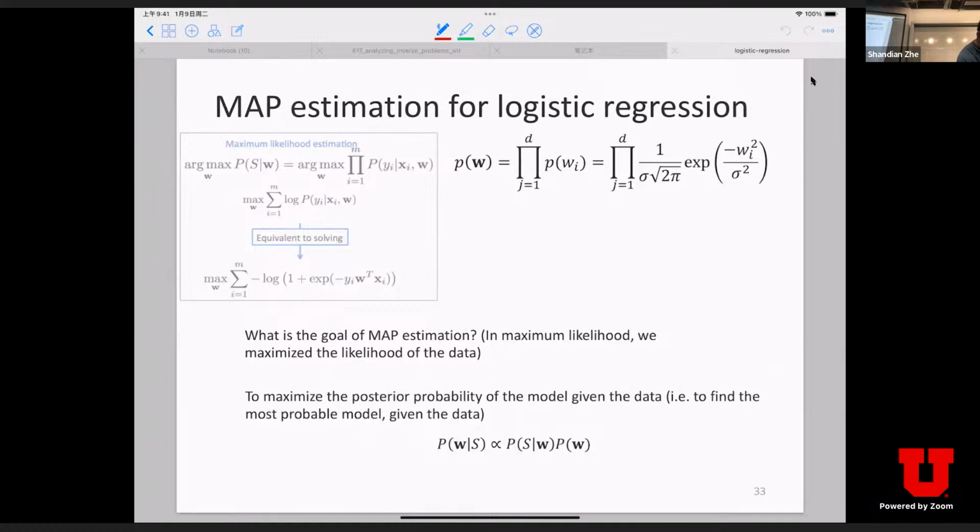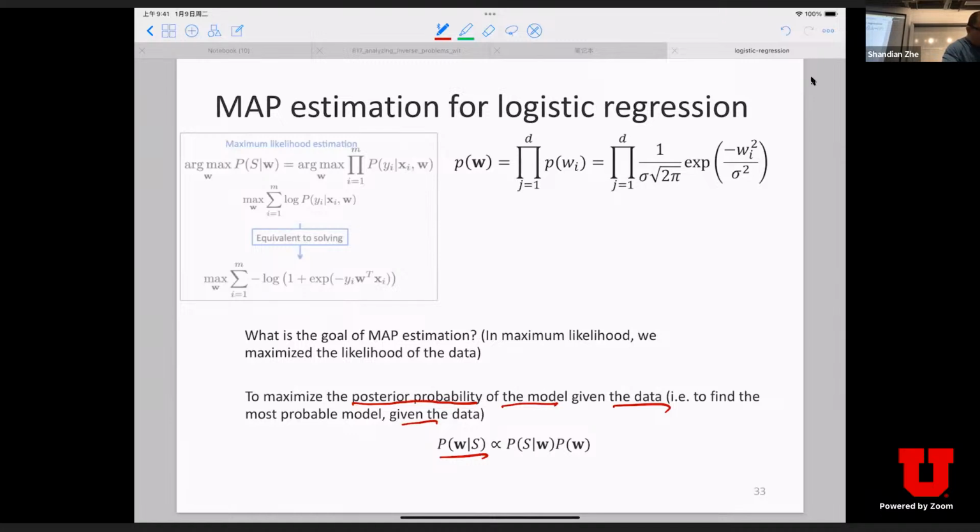We want to maximize the posterior probability of the model given the data. In other words, find the most probable model given the data, which is represented by P of W given S, where S is our data and W is our model parameters.